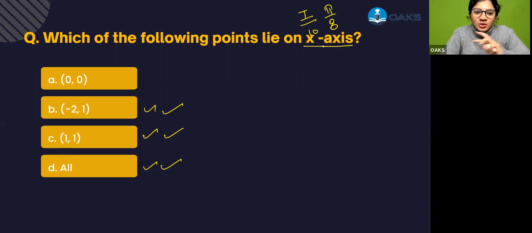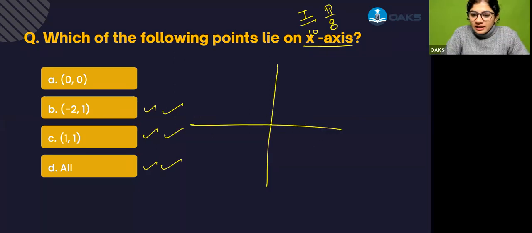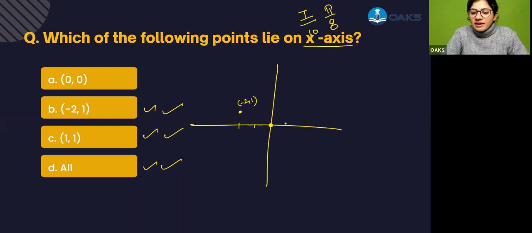I am deducting 2 points from both the schools. See, 0, 0 is here. Okay, everybody on the screen. -2, 1 will be like here. Okay, 1, 1 will be like here.